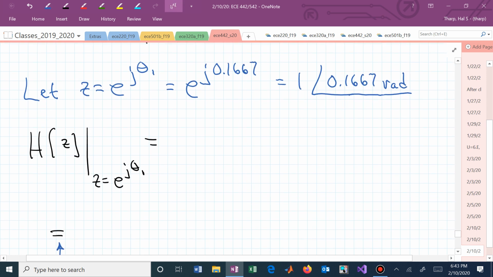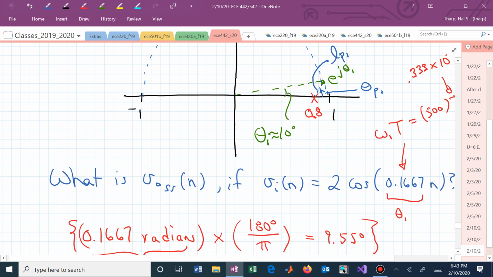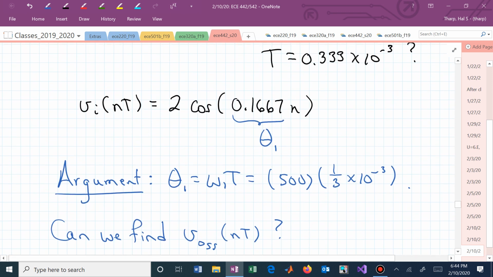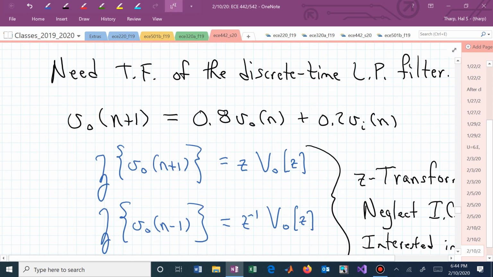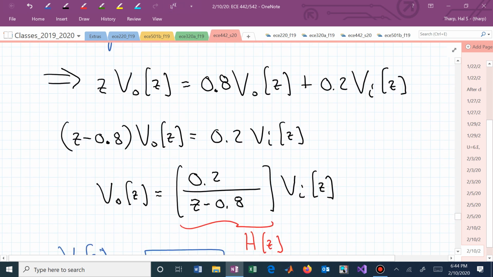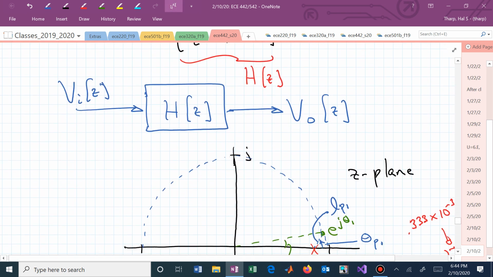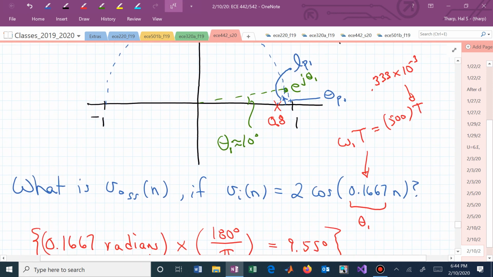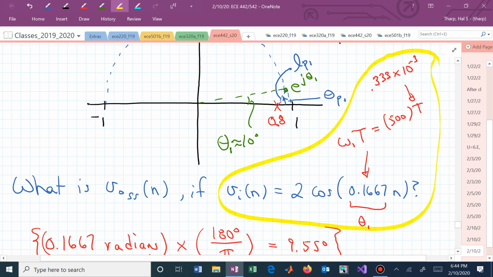Yes? So, I just want to take it back a little. After we found the transfer function, H of z, how and why did we introduce that j theta 1 value? I think you're okay with this transfer function, H of z, but you were asking where this theta 1 came from. Well, that came from what we'd already done before.